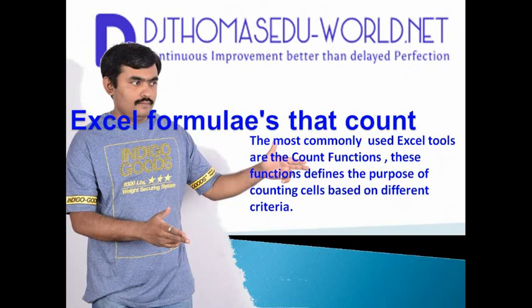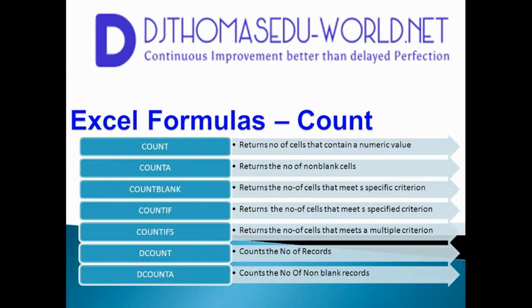Today's session will detail Excel formulas that count. What are the Excel formulas that count? The most commonly used Excel tools are count functions. These functions define the purpose of counting cells based on different criteria. Furthermore, I have categorized the Excel count formulas into 7 different categories, starting from COUNT, COUNTA, COUNTBLANK, COUNTIF, COUNTIFS, DCOUNT and DCOUNTA.